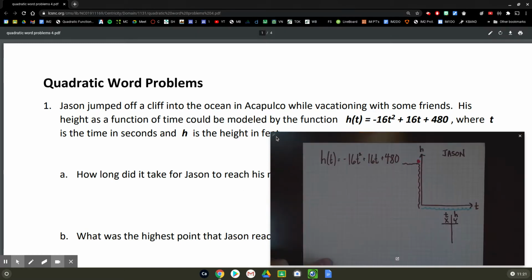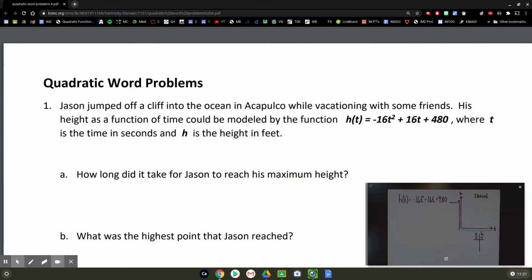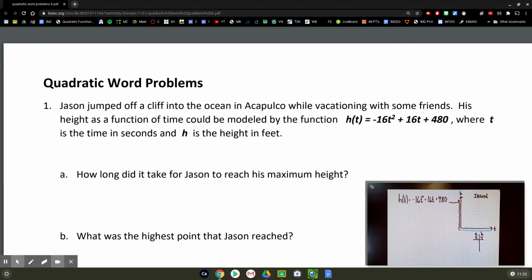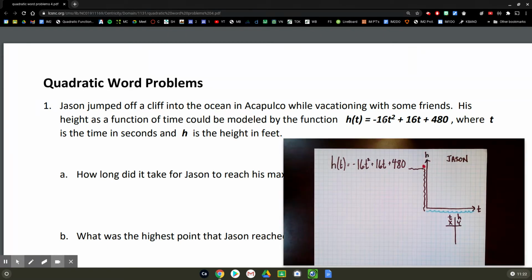So let's go back to the question. How long did it take for Jason to reach his maximum height? Let's break down the formula. This negative 16t squared is the acceleration back towards the Earth due to gravity.